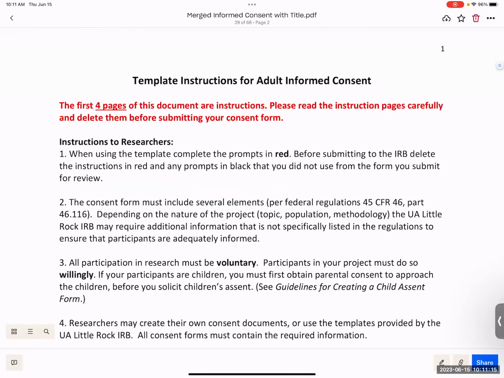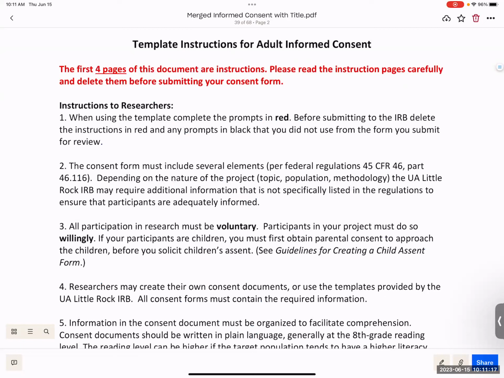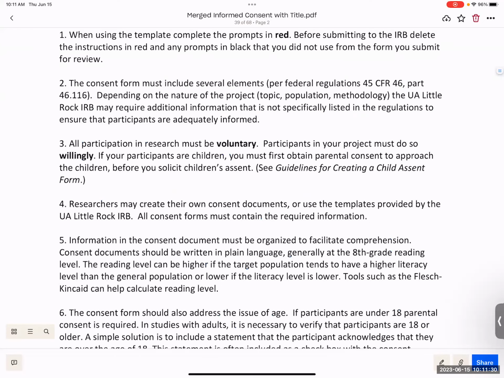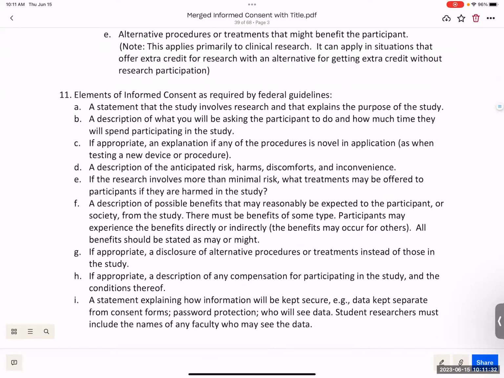So they include both general and specific things that you may need to be aware of when you're writing your informed consent.